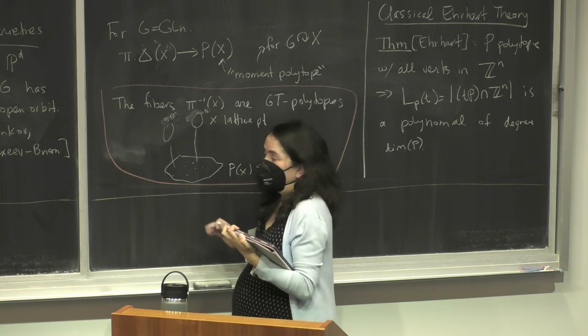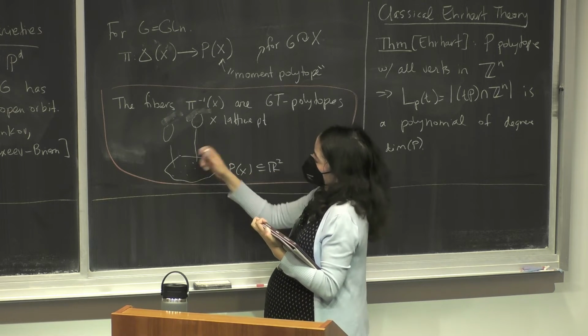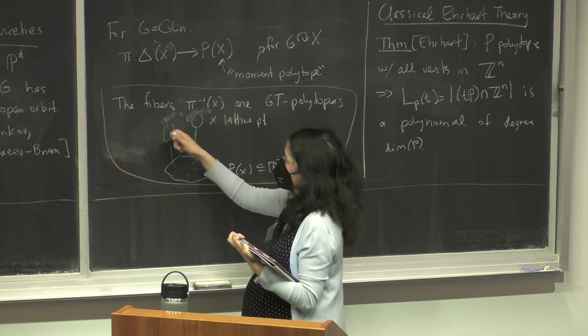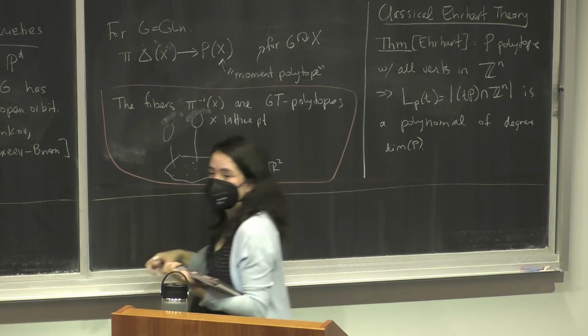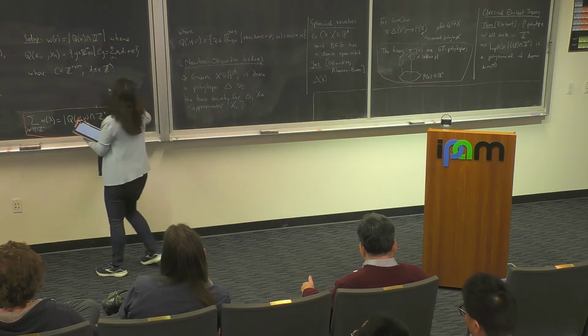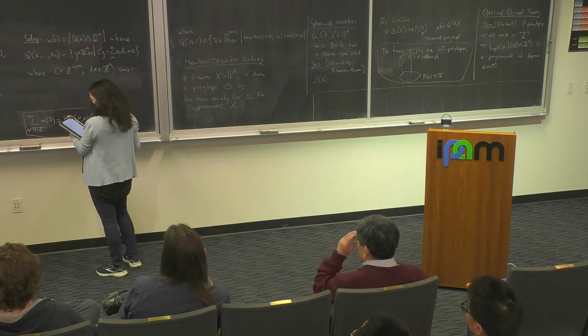I have freedom to choose the dimension of the polytopes that you put on top of each lattice point. And then what is r doing there? Can it be any r?